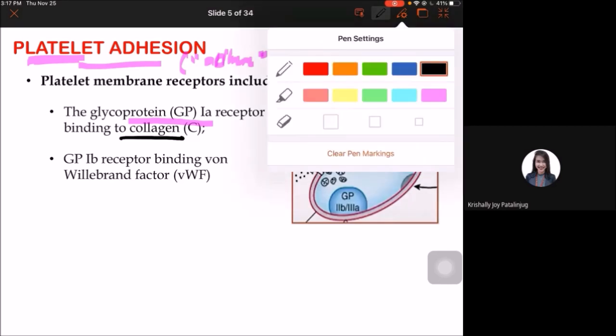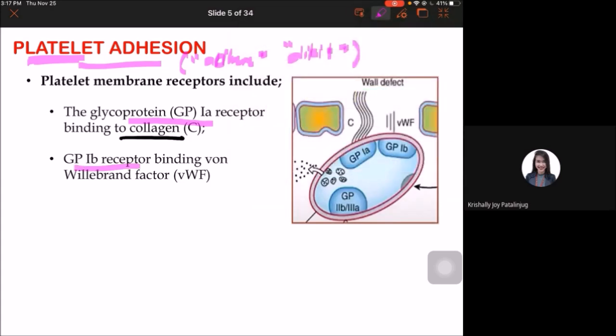Whereas, kapag naman glycoprotein 1B receptor, okay, also expressed by the platelet, ito naman is responsible to bind sa von Willebrand factor.